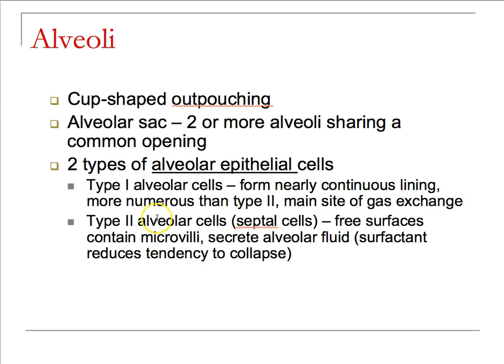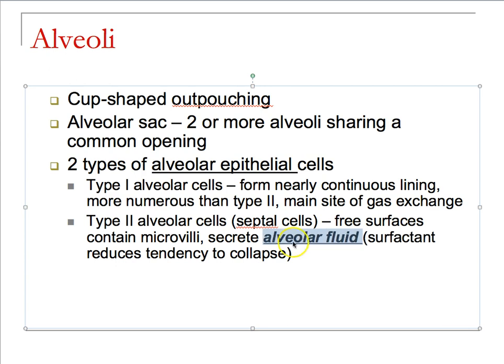And there are type 2 alveolar cells. These are also called septal cells. And what they're doing, of course, is they're secreting alveolar fluid. This fluid is inside the alveoli itself, different than the pleural fluid. And what's important to remember here is that that is going to ensure that the alveolus itself, that cup-shaped outpouching, doesn't collapse on top of itself and remain collapsed.